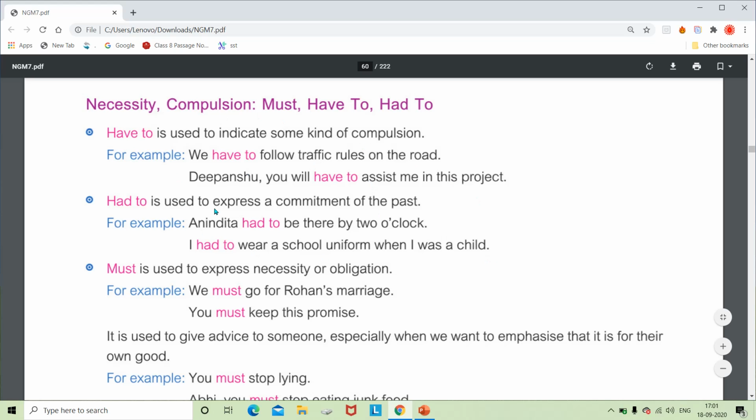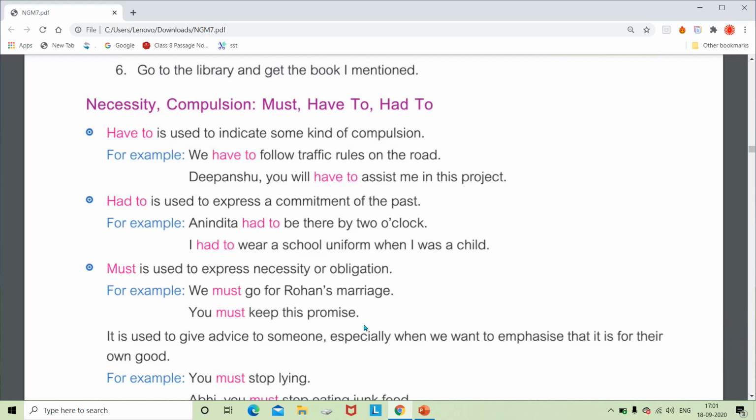So all these, have to or had to, show some kind of compulsion, or else you can say commitment. It is compulsory, willy nilly, we have to follow this. And the next and the last is must. Must is used to express necessity or obligation, like we must go for Rohan's marriage, you must keep this promise.